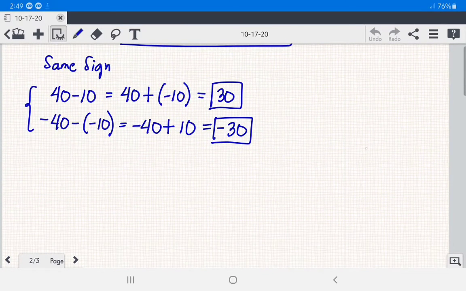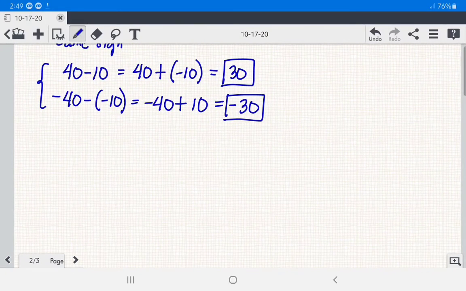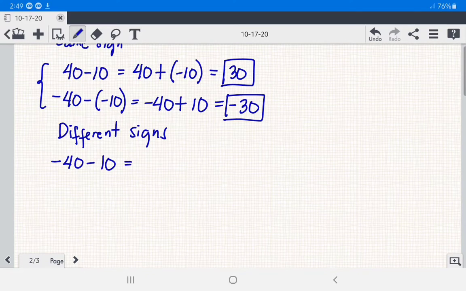Okay? Next, how about if we have different signs? Let's say we have negative 40 minus positive 10. So again, make use of the formula. We have to copy the minuend, negative 40.